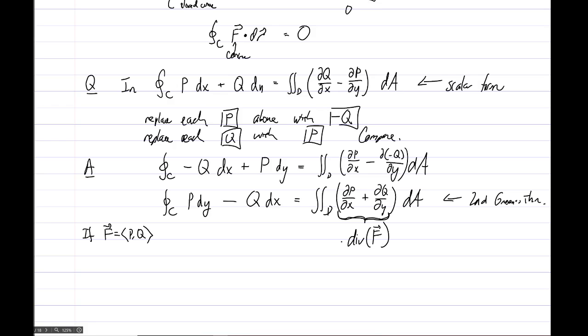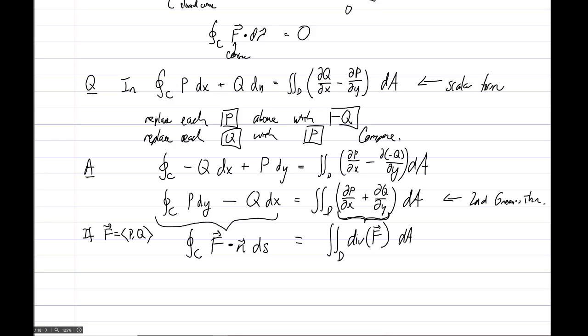So we end up with a double integral over D of the divergence of F dA. And then on this other side, while it looks rather funny to write it this way, this will end up being the line integral over C of F dot a certain vector called n ds.